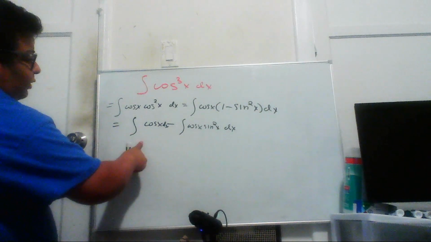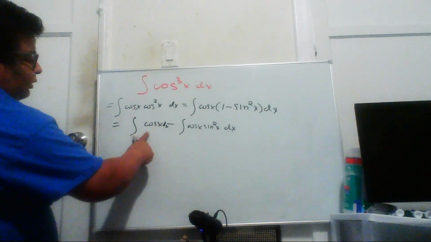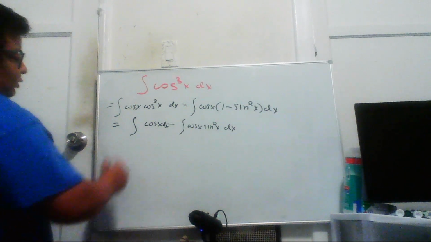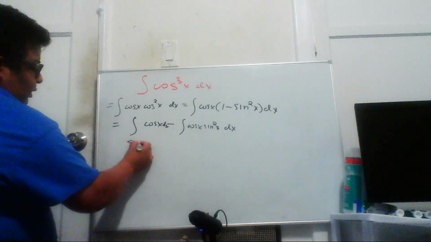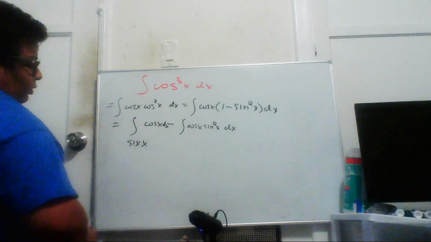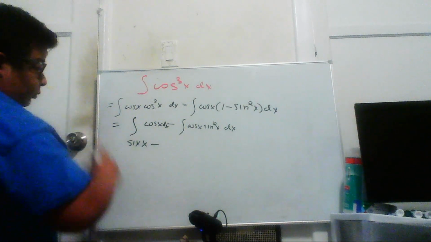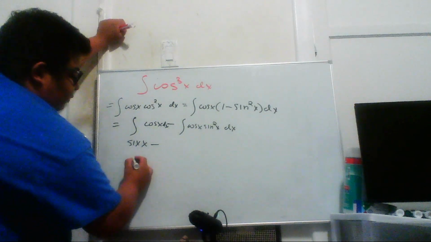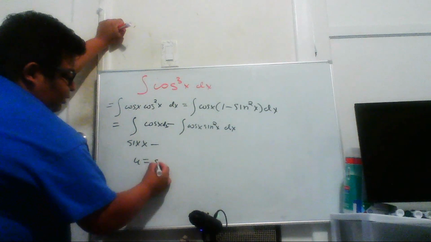So let's do the left side part. The antiderivative of cos x, what is the antiderivative of cos x? It is sine x. And then we do minus. Then we're gonna do a u-substitution. The u-substitution says that we let u equal sine x.